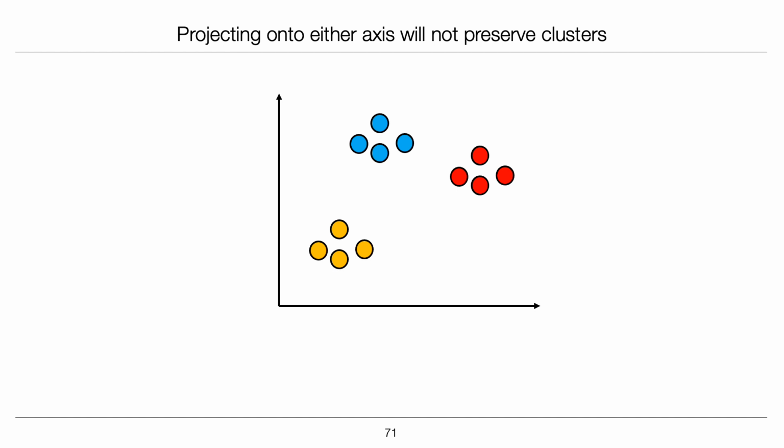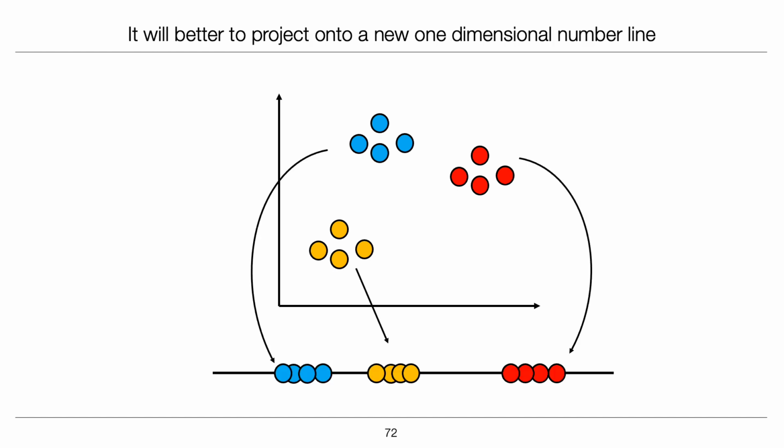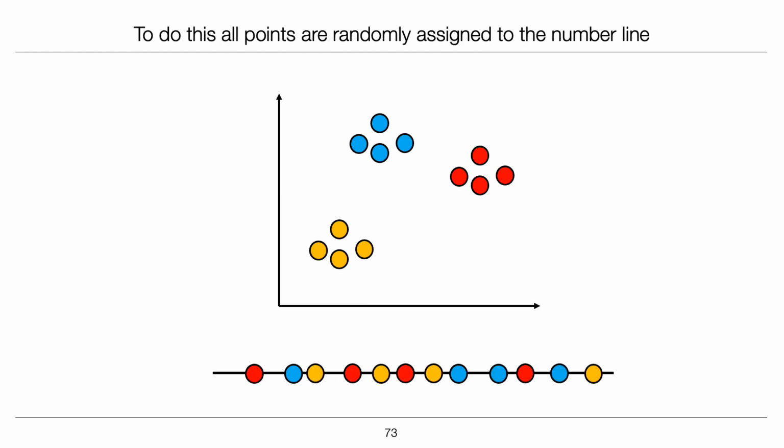So let's start with a brand new one dimension, which looks like a number line, hoping that we can place the data points onto this one-dimensional number line while preserving the 3 clusters. To do this, we first place our data points randomly on the number line.